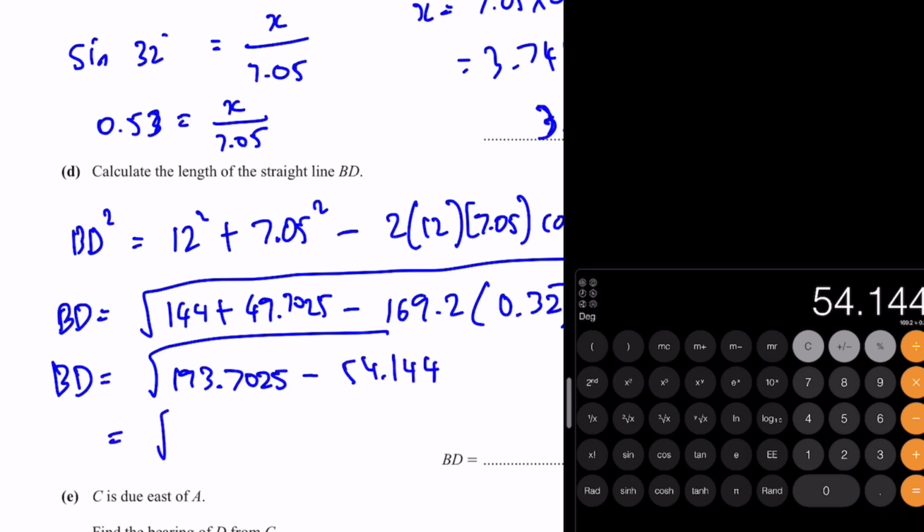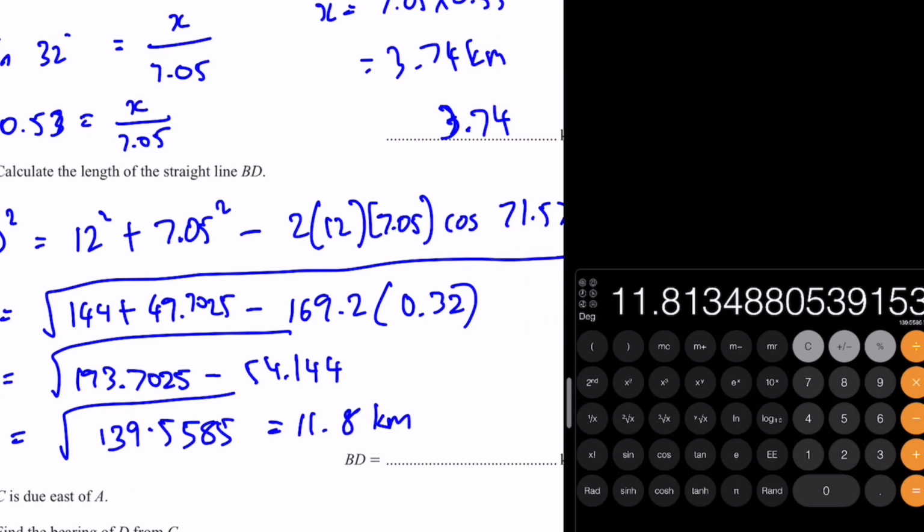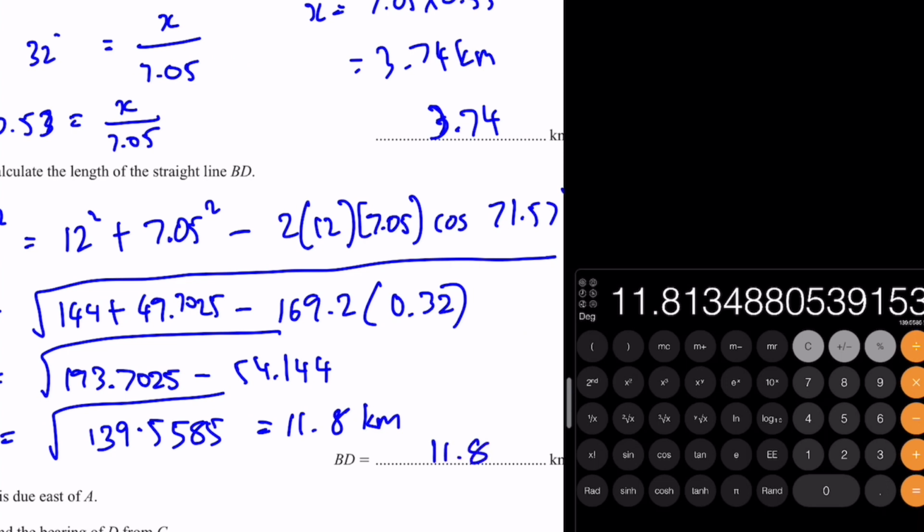That's equal to the square root of 193.7025 minus 54.144, which is equal to the square root of 139.5585, and that will be equal to 11.8 kilometers. That's the answer.